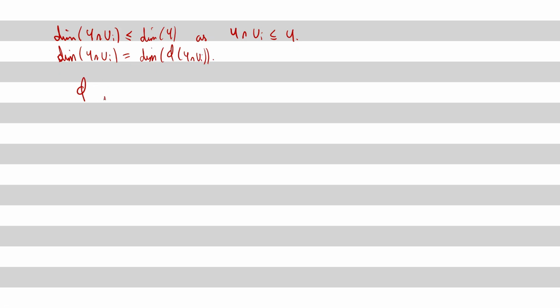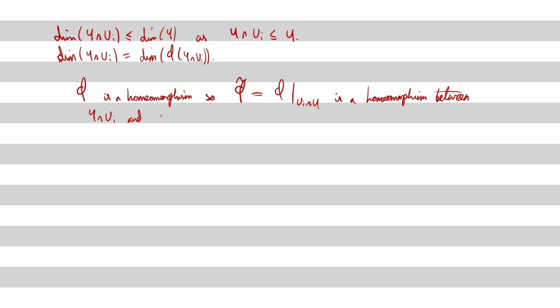Well, phi is a homeomorphism, so tilde phi, which is the restriction of phi to U_i intersect Y, is a homeomorphism between Y intersect U_i and phi of Y intersect U_i.